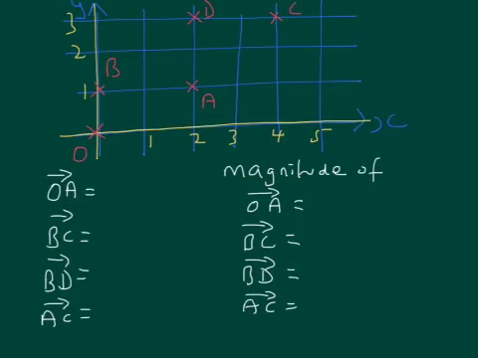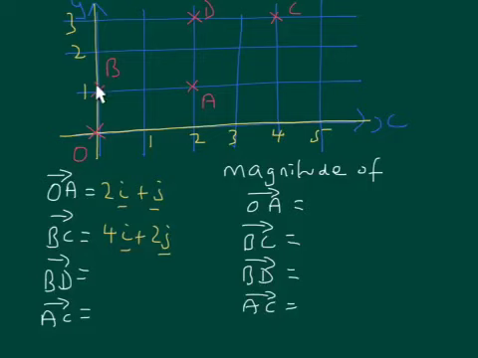So let's look at some more. The vector here from O to A is 2 in the i direction plus 1 in the j direction. The vector from B to C is 4 in the i direction plus 2 in the j direction. Now it's worth noticing that BC is double OA. If you double these numbers you get these.